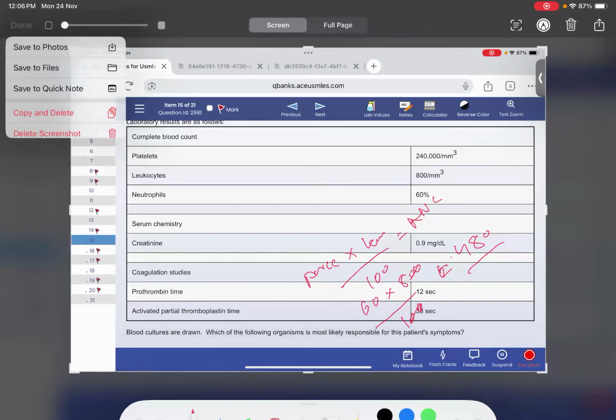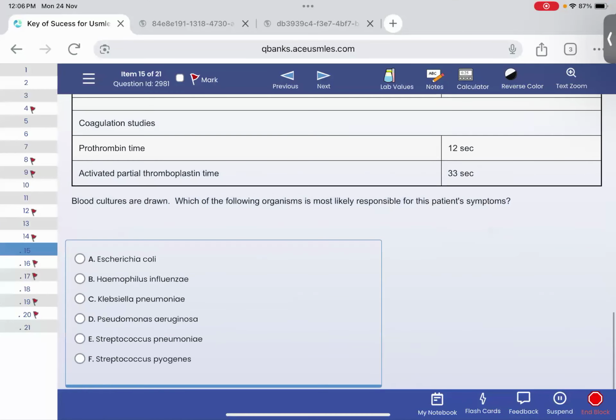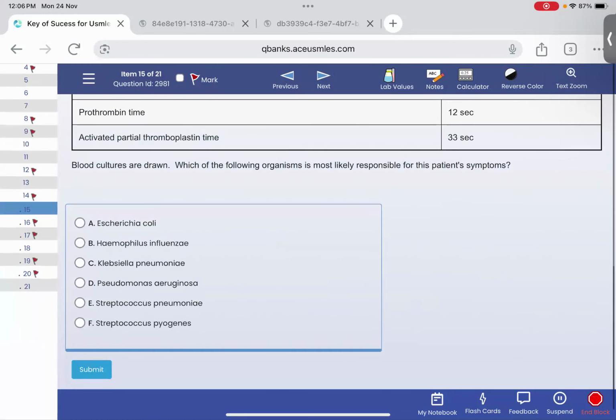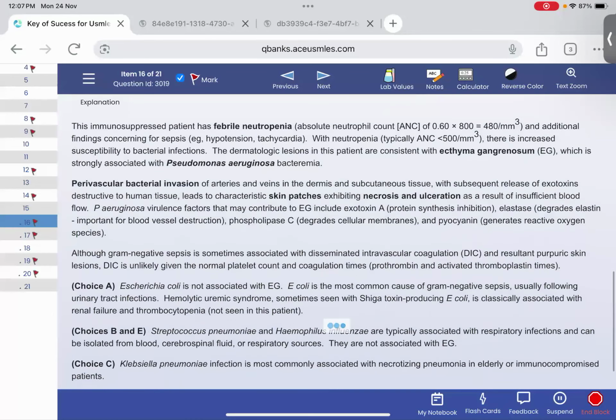The patient is immunosuppressed. So I told you, immunosuppressed individuals are usually more exposed to infection by Pseudomonas aeruginosa. Okay, all right. Next question.